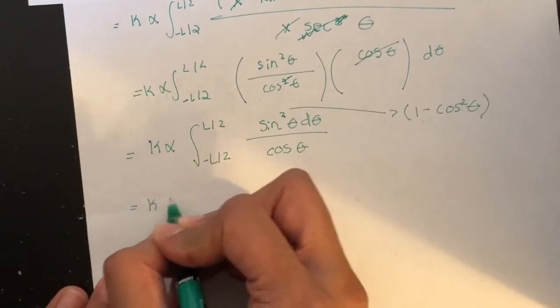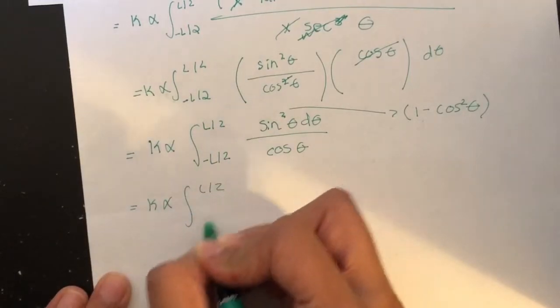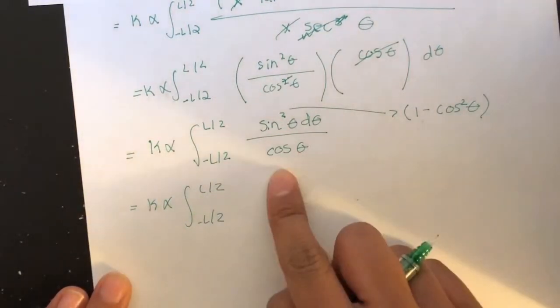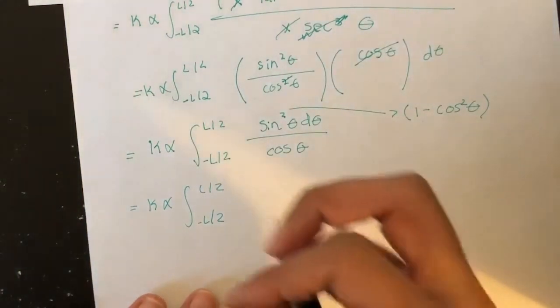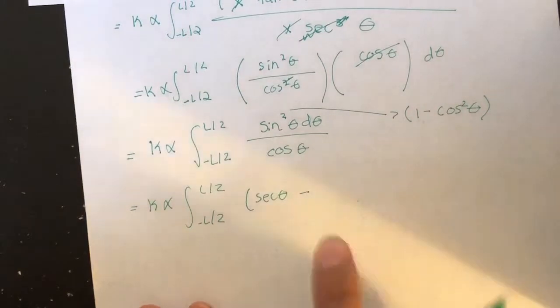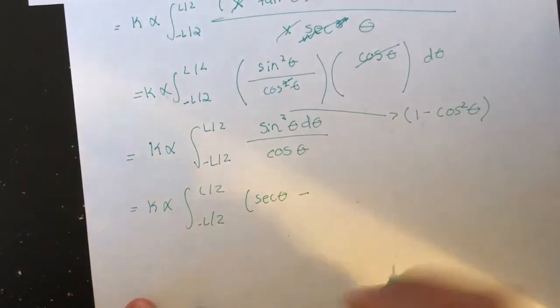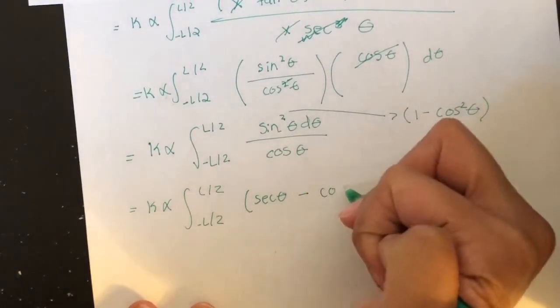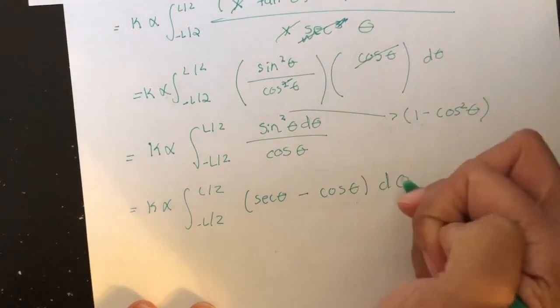So that becomes 1 over cosine theta, which is just secant theta. And then cosine squared theta over cosine theta is just cosine theta, d theta.